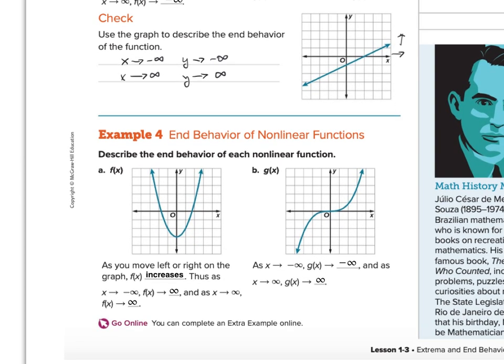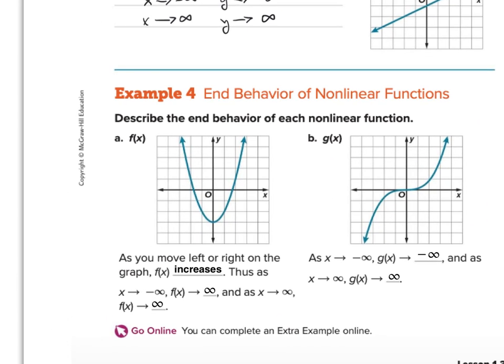End behavior of nonlinear functions, what is going on here? In this case, a quadratic equation. Again, as x approaches infinity, y is approaching infinity. As x approaches negative infinity, y is approaching infinity.